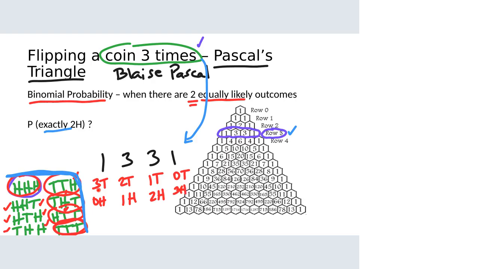You want to make sure you go 3, 2, 1, 0, but it doesn't matter if this one over here is 3 tails or if this one over here is 3 heads. The reason for that, because you can see exactly 2 heads, that's going to be right here. It's still going to be 3 out of 8. The triangle is symmetric. So as long as you go 3, 2, 1, 0, it's fine.